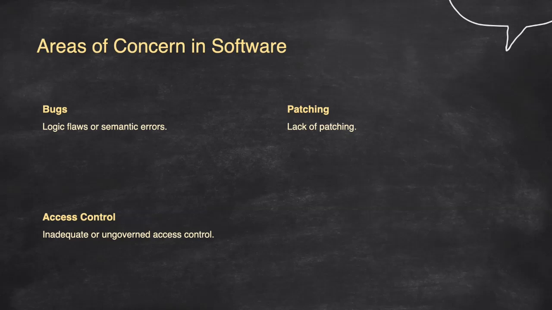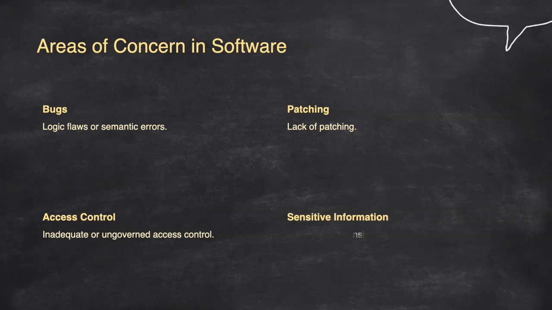Poorly implemented access control can also make it difficult to track who is using the system and what actions they are performing, which can compromise accountability and lead to serious security risks. Ensuring that access control measures are properly designed and strictly enforced is crucial for maintaining the integrity and security of a software system.